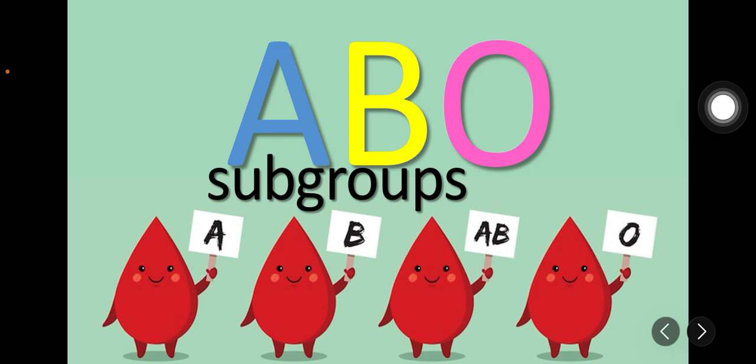Together, A1 and A2 account for 99% of all Group A individuals, yet they remain distinct because up to 8% of A2 individuals will develop an anti-A1 antibody that can cause discrepancies during laboratory testing.